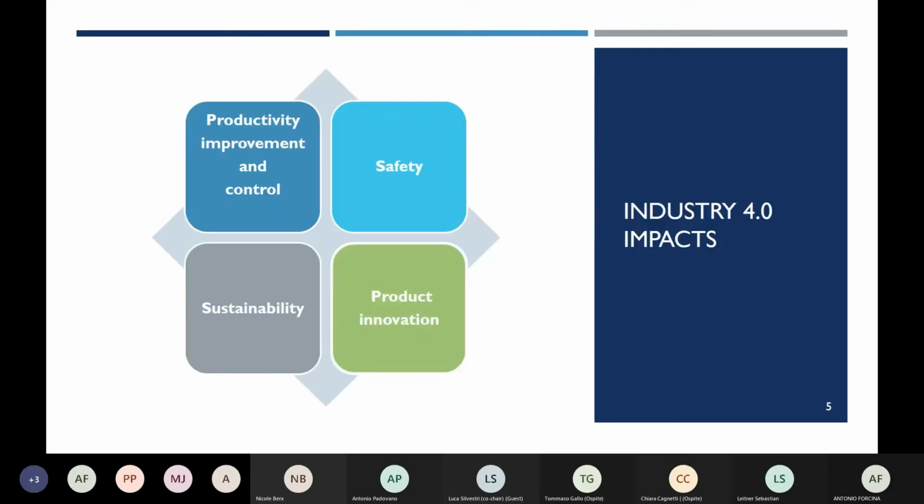The application of these technologies can take place in different areas of industrial systems. Some of them are directly linked to the product or the production process. Others are collateral in some way, but equally important, such as, for example, sustainability or safety.